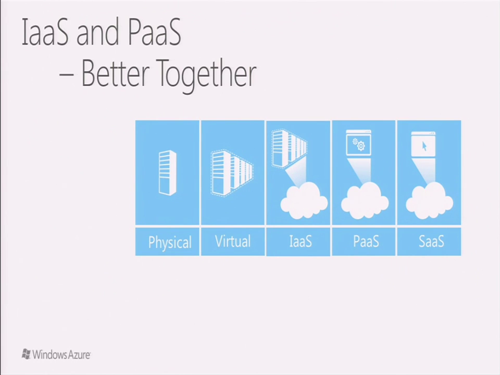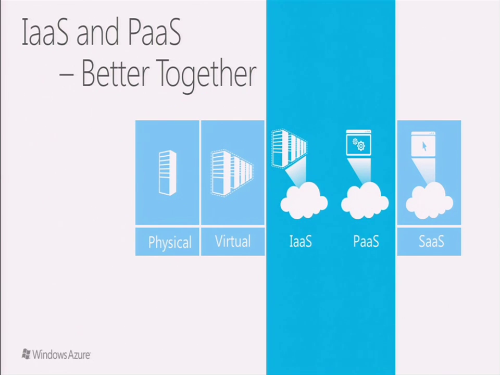So clearly, I've made mention that IaaS and PaaS together definitely is a benefit, right? Because we already started with PaaS, and now we've added the IaaS capability, allowing both to work together, interact, and give you the benefit of both worlds is a definite plus in that Azure environment.